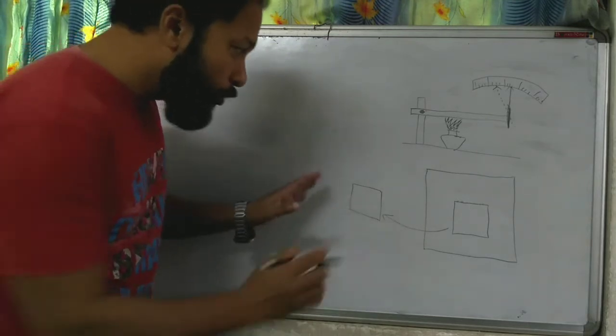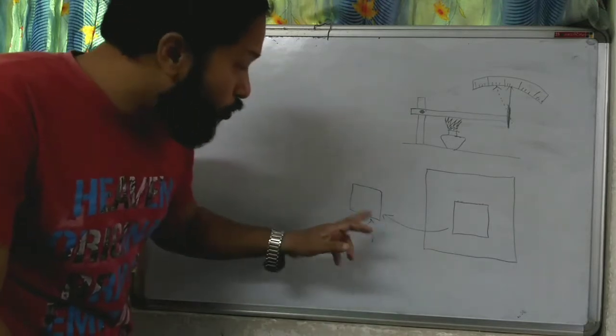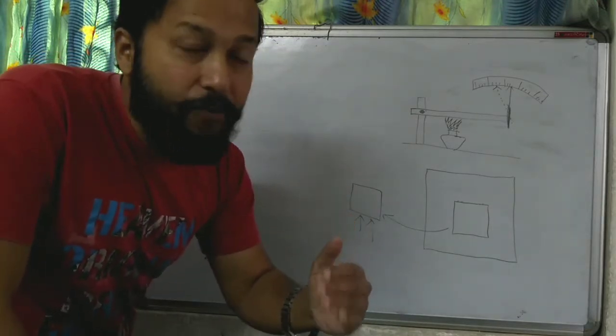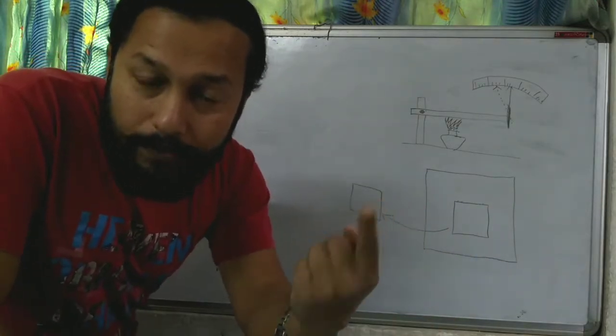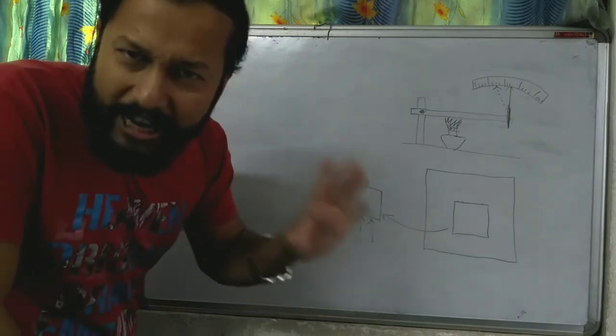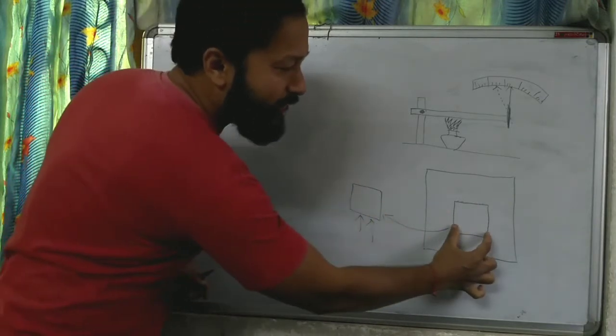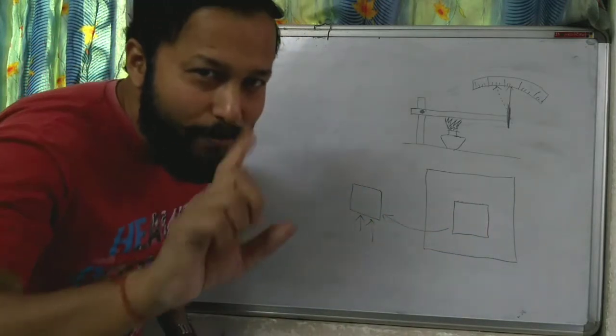Understood? Now you start giving heat to it, say for 30 minutes or 1 hour. After giving heat, you take this metal plate and try to fit it back here. You will not be able to.